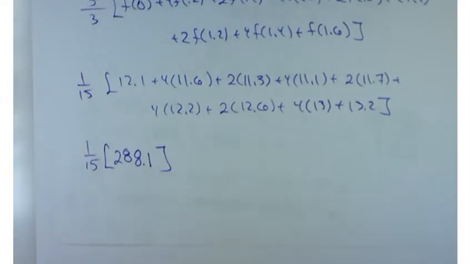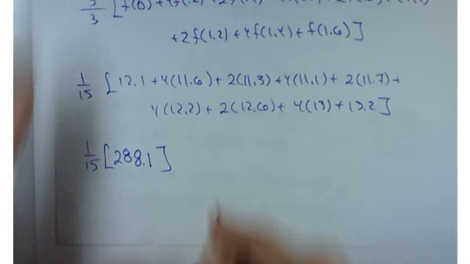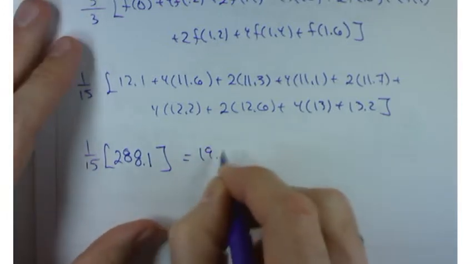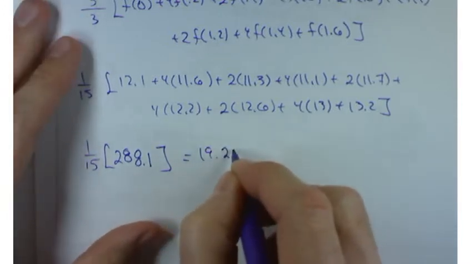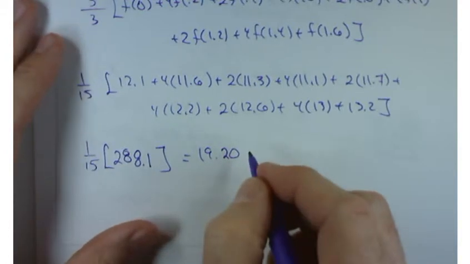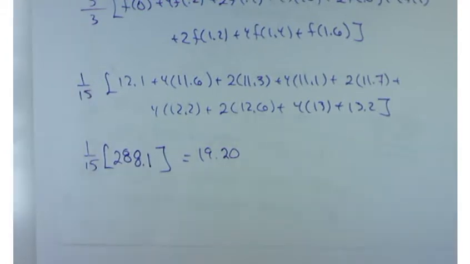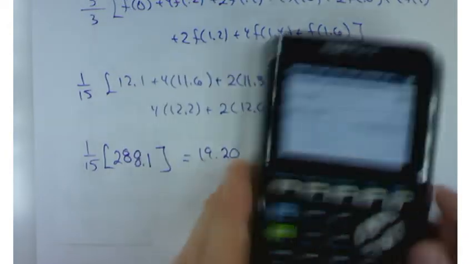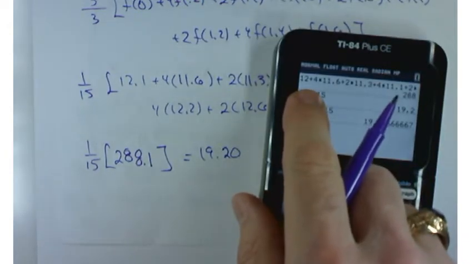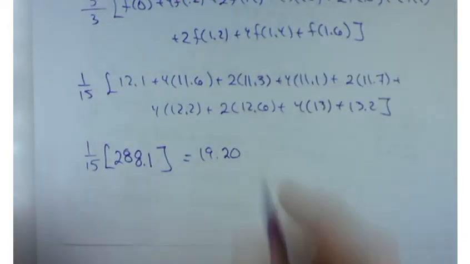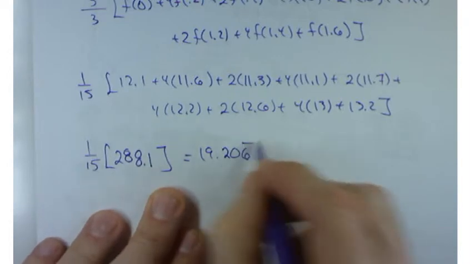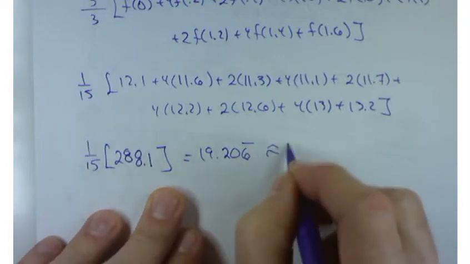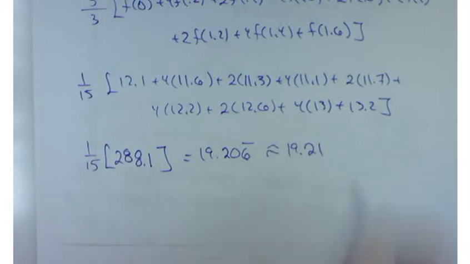Okay. So 288.1 divided by 15 is 19.2. You know what? That's exactly what I did. I left out the 0.1 in the first one. So 6 bar, about 19.21.